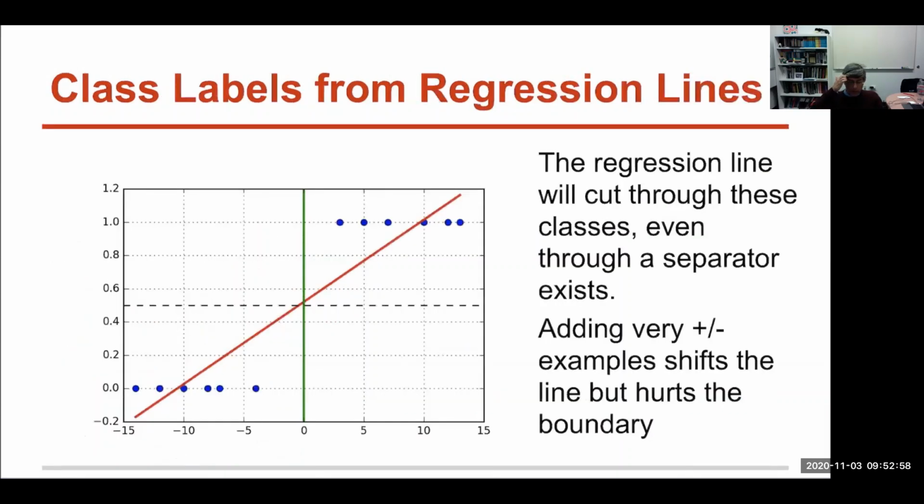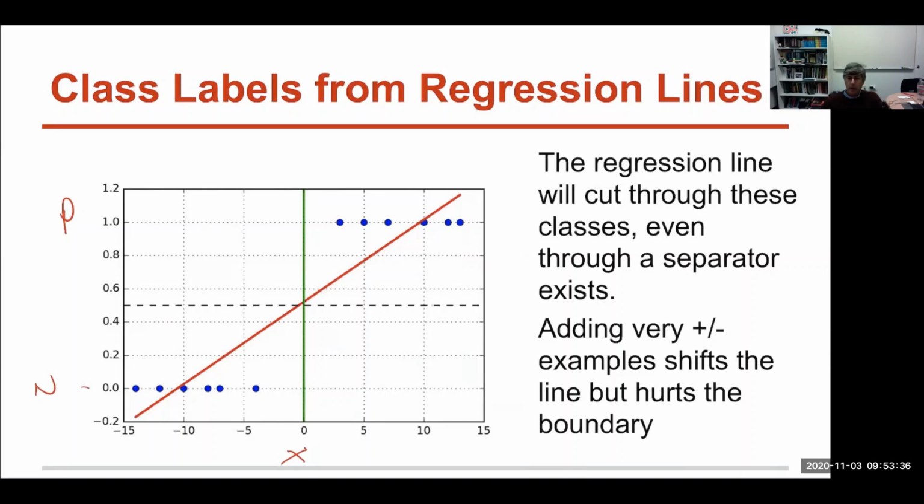So if we do this, one way that we could use regression to try to identify classes is to say that all positive examples have y value 1, and all negative examples have a value of 0. Here we're assuming we have an x, and we're trying to make our prediction of class based on some variable x, or it could be a vector of variables x.